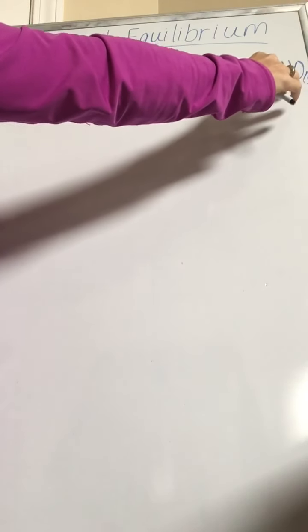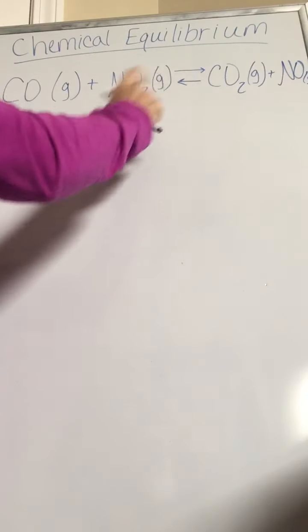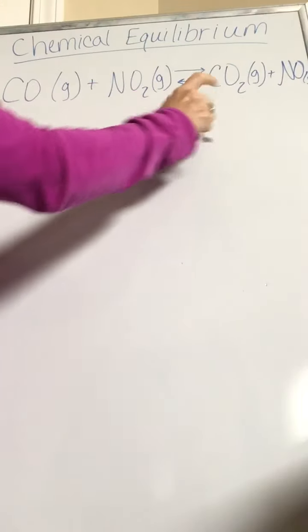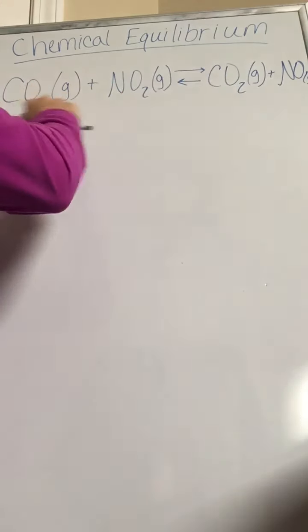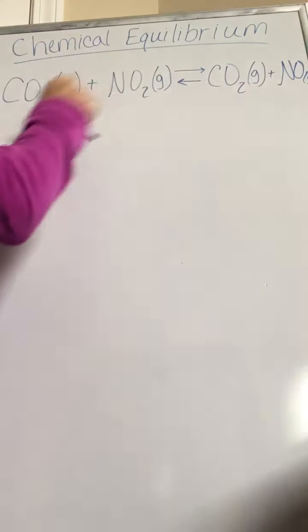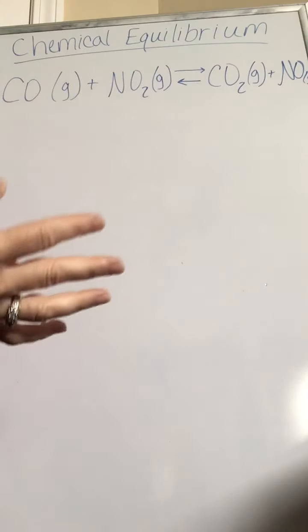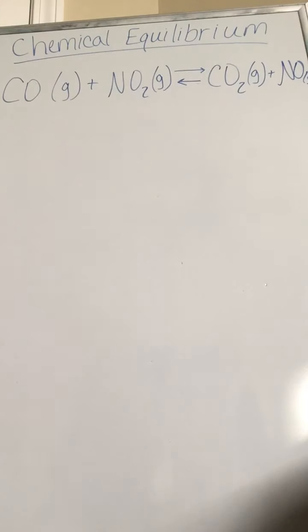And so carbon dioxide and nitrogen monoxide can also react to form these. So some reactions will actually go in either direction. It will go reactants to products and products to reactants. And those reactions are said to be equilibrium reactions.